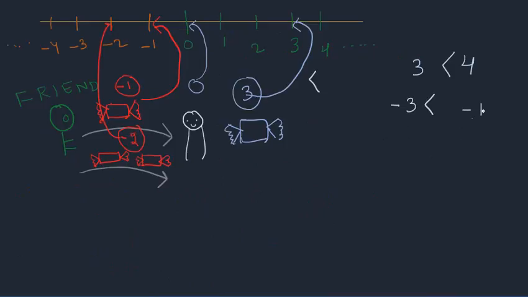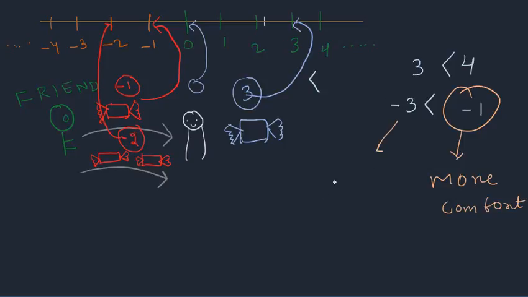See, if you have to return just 1 chocolate to your friend, which is -1, you're more comfortable. Whereas if you have to return 3 chocolates, you are less comfortable.